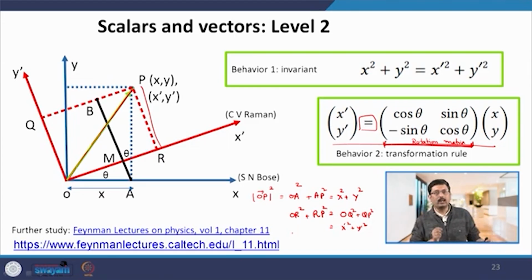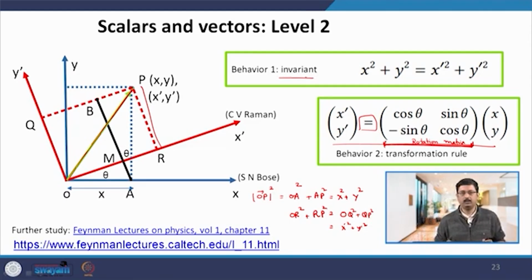There are some quantities which remain invariant, which means they do not change if you do a coordinate transformation. So, they do not change under coordinate transformation.